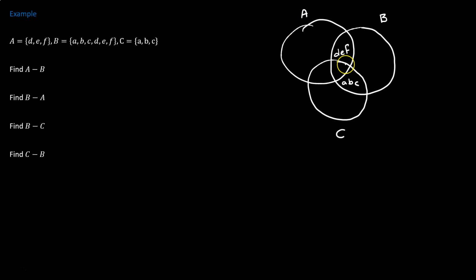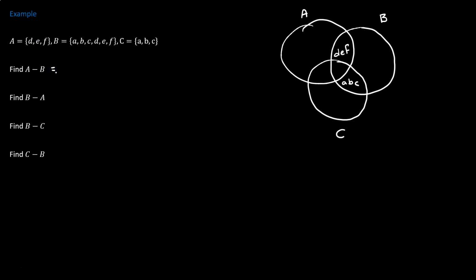The set A has all the elements D, E, F. The set B has A, B, C, D, E, F. And the set C has A, B, C. It feels strange to have so many empty spaces in here, but it is exactly what these sets are telling us, that A and B have some overlap, and B and C have some overlap. But A and C do not. Notice that the elements in C are very different than the elements in A.